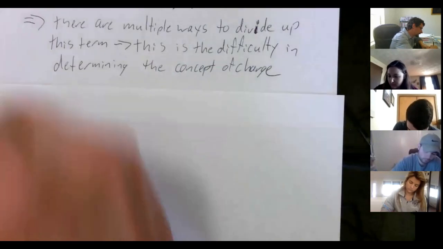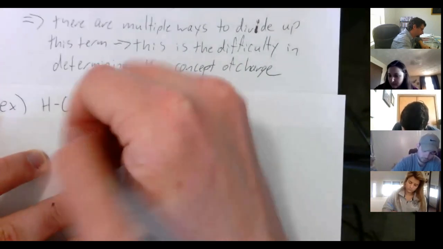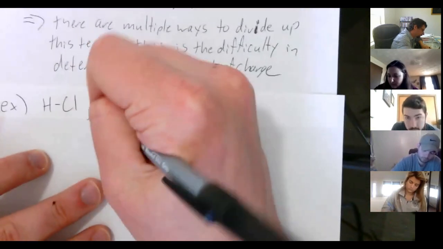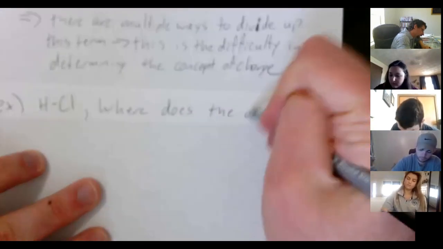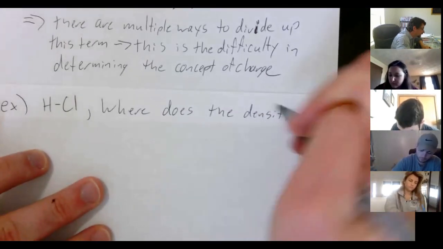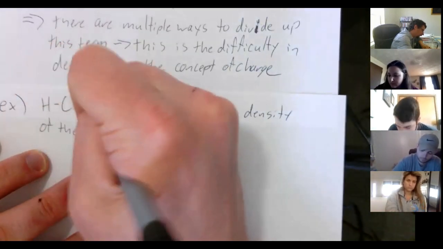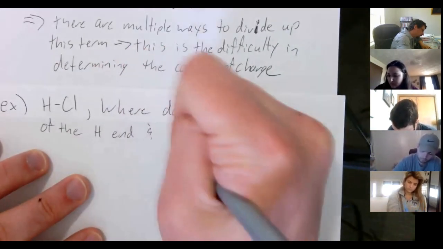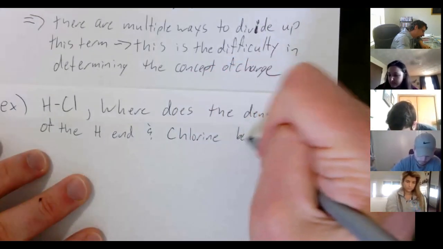So let's look at an example. HCl. Where does the density of the H end, the hydrogen end, and the chlorine begin?